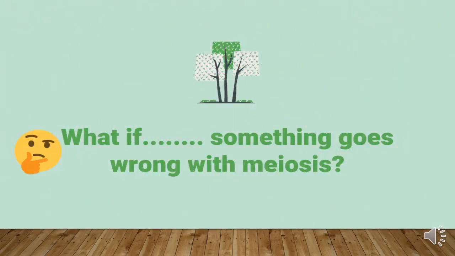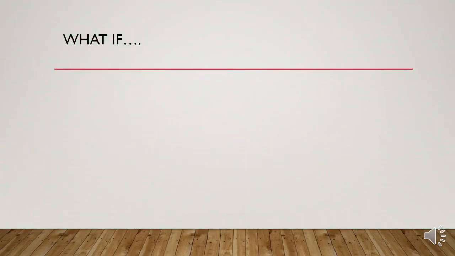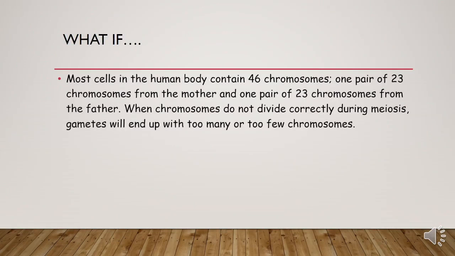What if something goes wrong with meiosis? What if? Most cells in the human body contain 46 chromosomes, as mentioned, one set of 23 chromosomes from the mother, and one set of 23 chromosomes from the father.